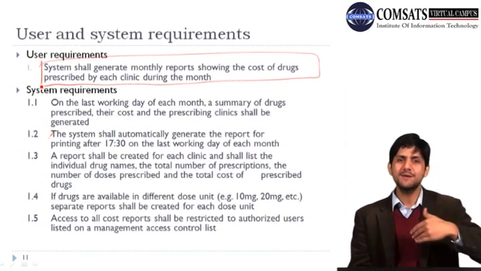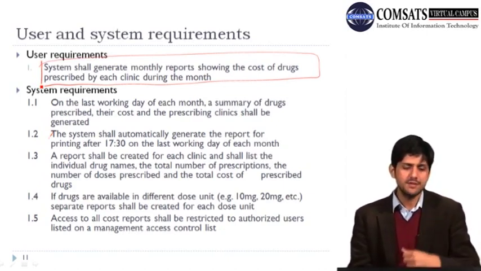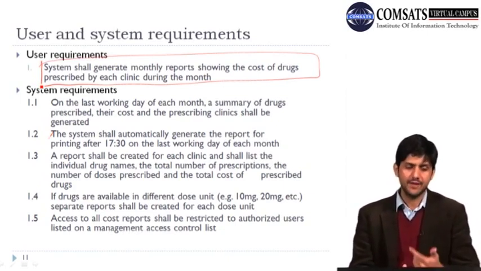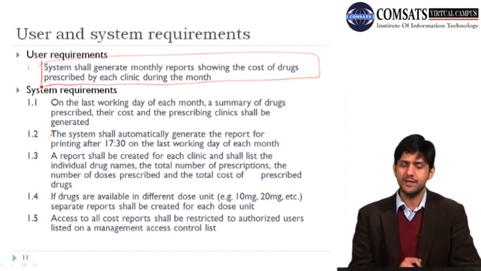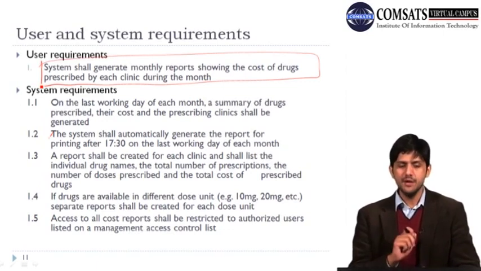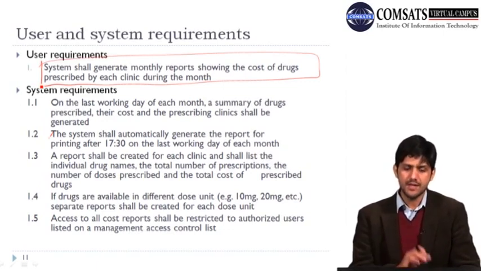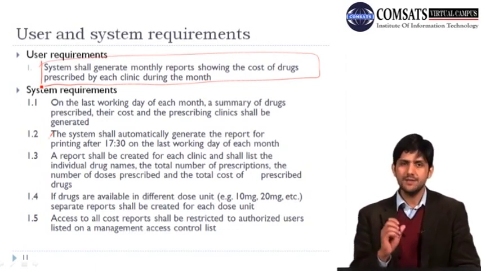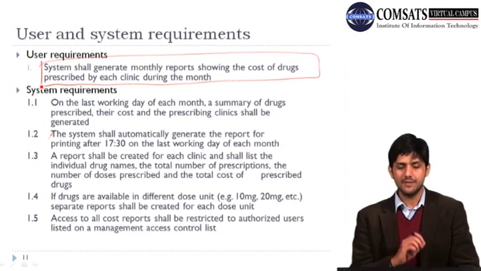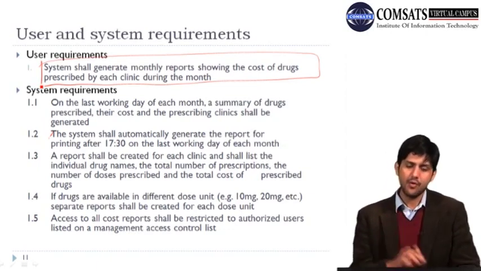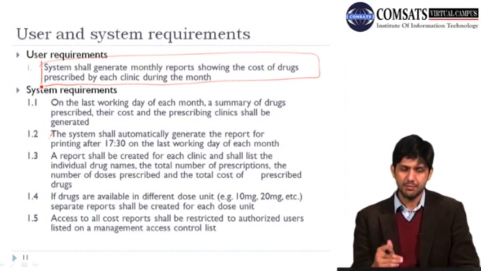When we are specifying requirements, let's look at this example. We have 1.1, which says that on the last working day of each month, a summary of drugs prescribed, their cost and the prescribing clinics shall be generated. Then we put some constraints on it: the system shall automatically generate the report for printing after 5:30 p.m. on the last working day of each month.